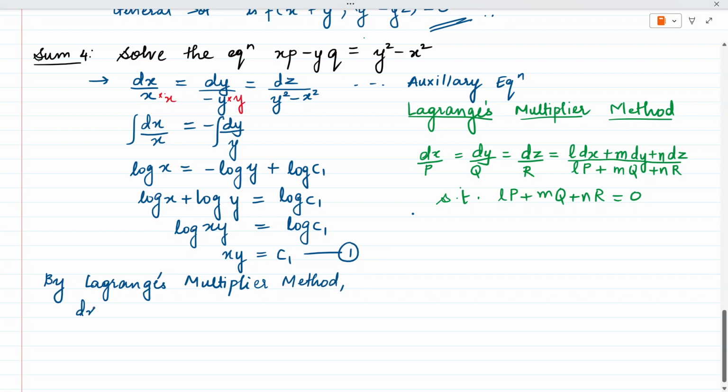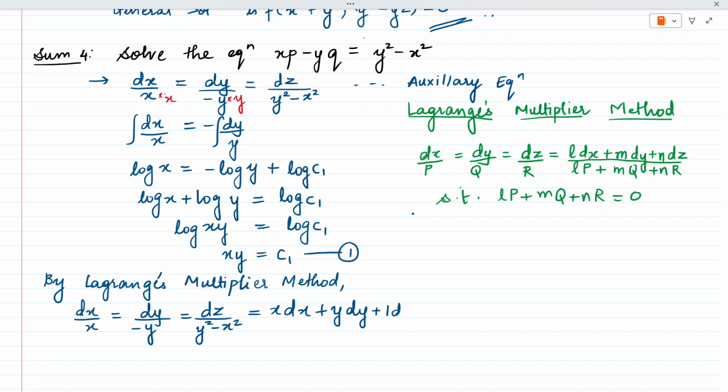This entire ratio dx over x, dy over negative y, and dz over y square minus x square is equal to the fourth ratio, which is x times dx, y times dy, plus 1 times dz. dz we have not multiplied by anything, so 1 times. Denominator now becomes 0. Okay?